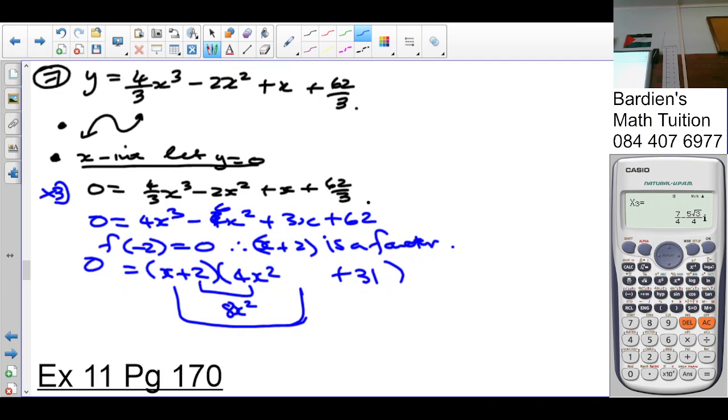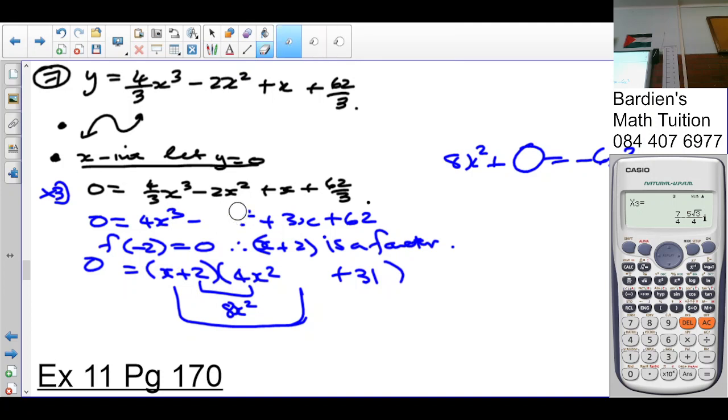What must be added to 8x squared to give us negative 6x squared? Negative 14x squared. So negative 14x squared divided by x is negative 14x.